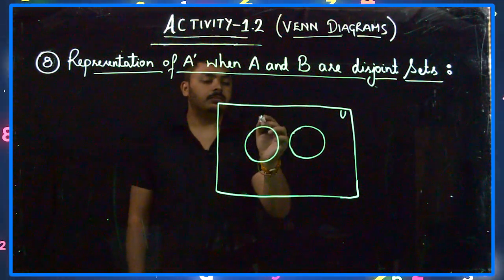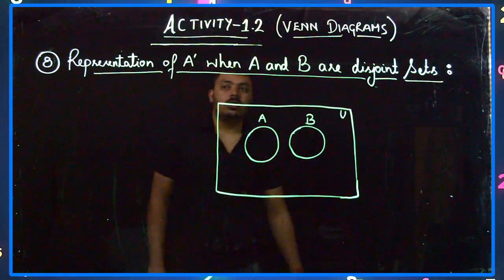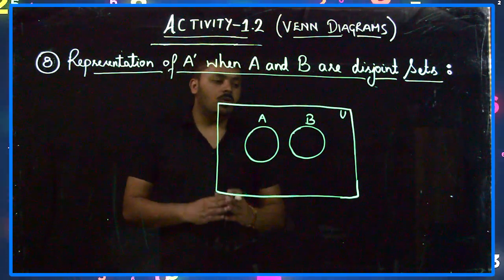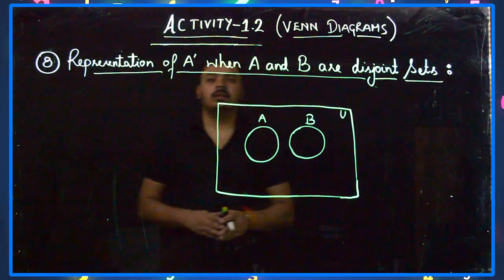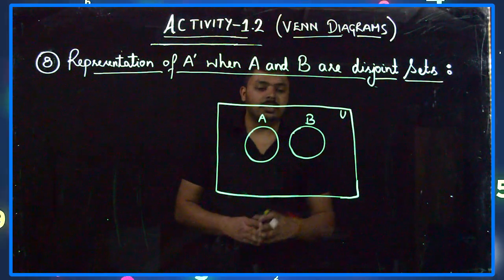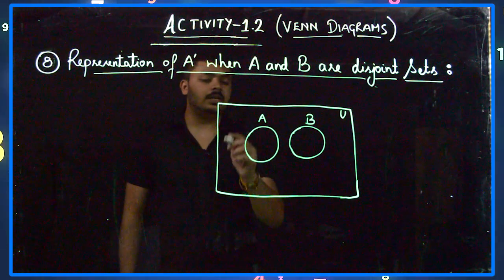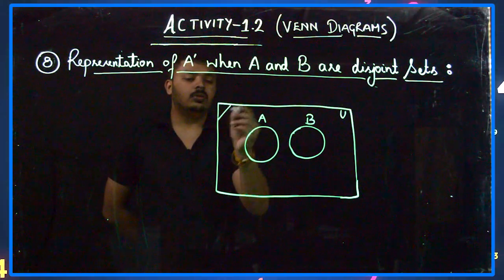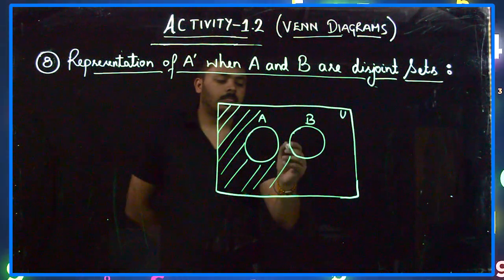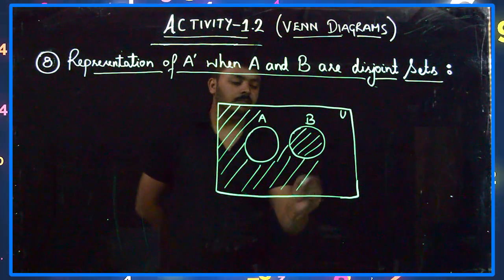Now complement of A is the elements of universal set except the elements of set A. So except the elements of set A, we include all the elements, that is set B as well.